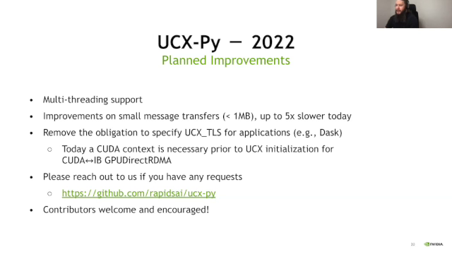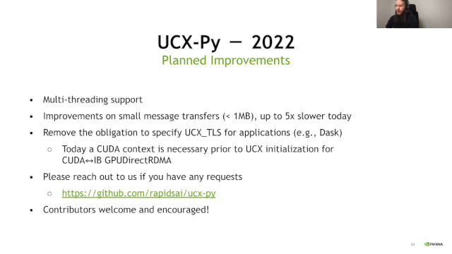Some applications may still require UCX_TLS to be set to function properly. The primary reason behind this is that UCX identification of closest CUDA and InfiniBand devices can only work if the process has created the CUDA context prior to the initialization of UCX.